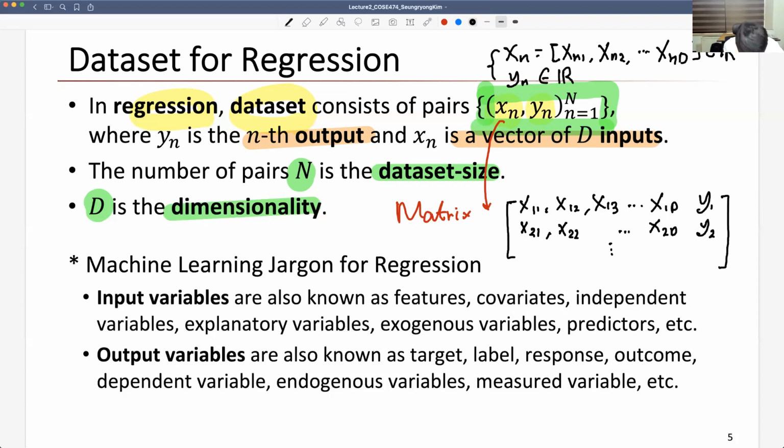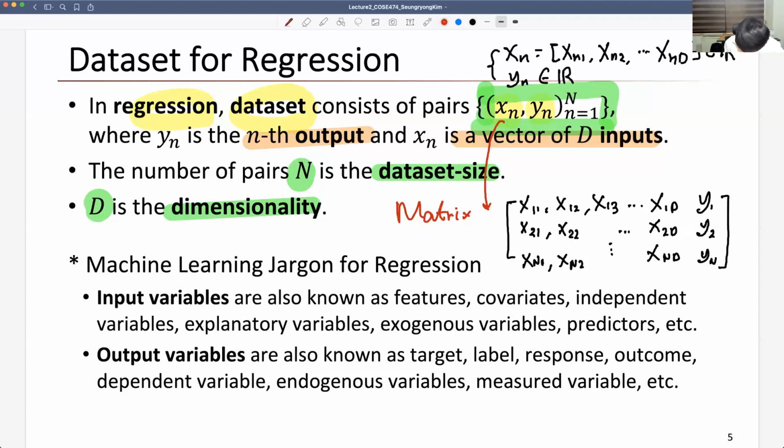And then for the nth input variable, we can represent the input vector as xn1, xn2, up to xnp, with yn. So this is the matrix representation of our regression data set.